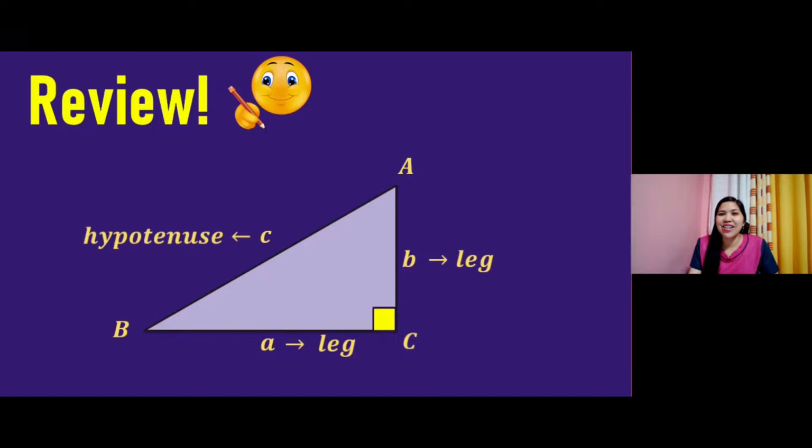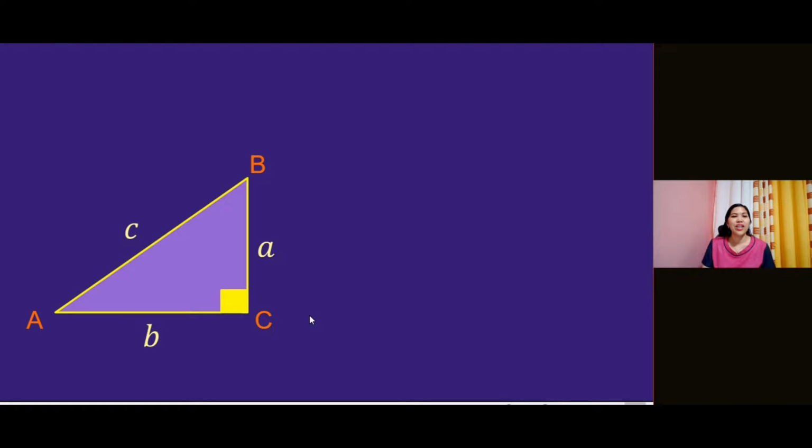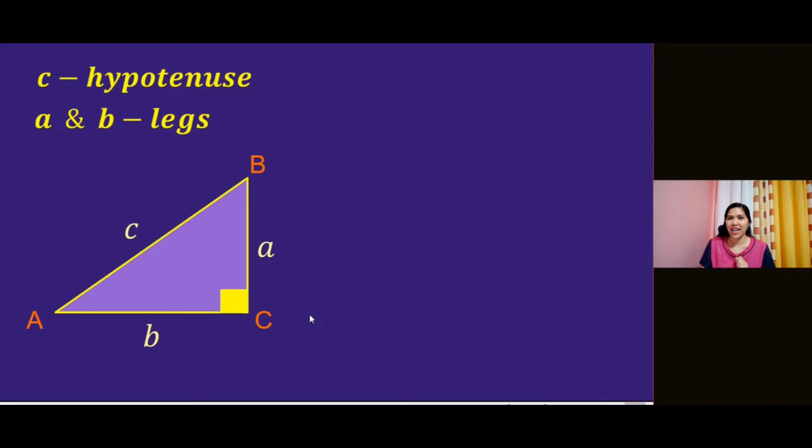Let's consider this illustration. I have right triangle ABC with angle C, the right angle. What side is your hypotenuse and what side are the legs? You're right. Side C is your hypotenuse while sides A and B are the legs.